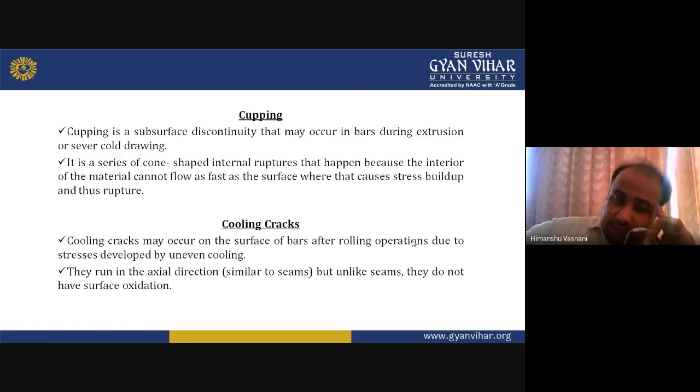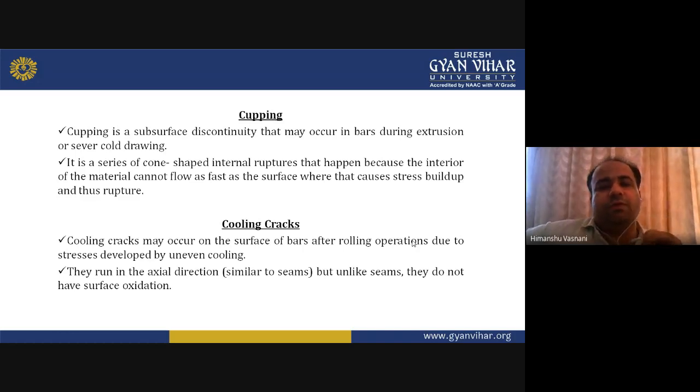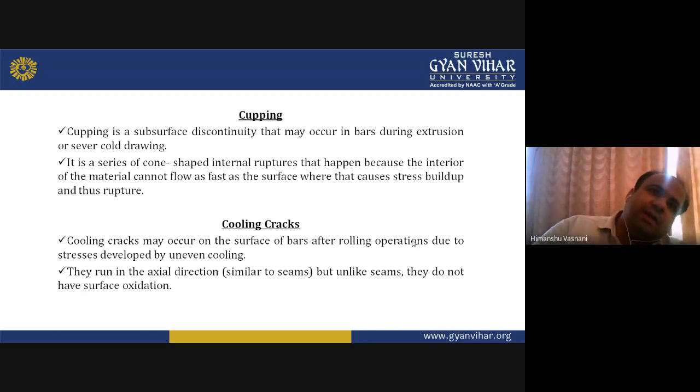Cupping. As the name says, cupping is a kind of subsurface discontinuity that may occur in bars during extrusion or severe cold drawing. Suppose you are drawing something, like cold drawing, or extruding a bar. During extrusion, the whole material is divided into two layers: one is the upper or exterior, and the second is the interior portion.